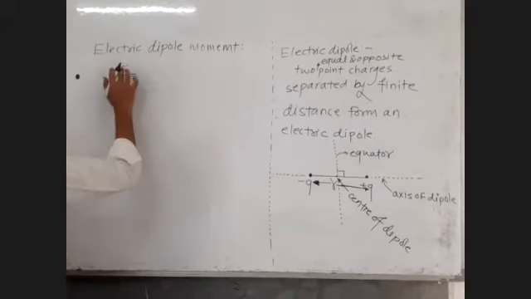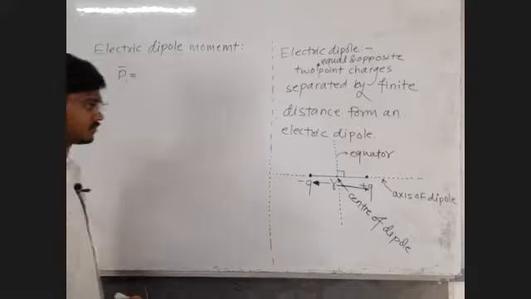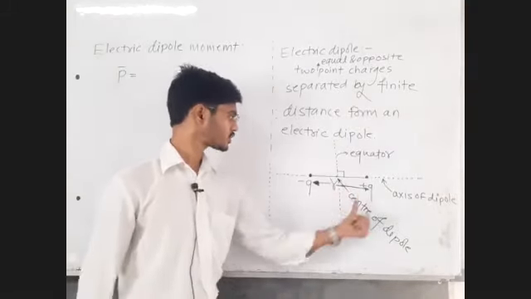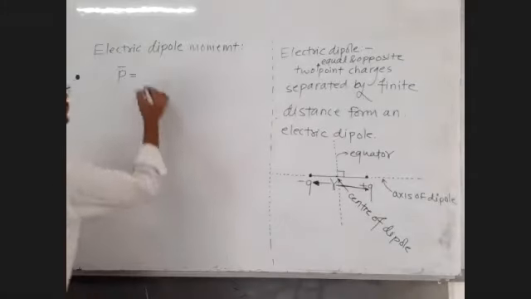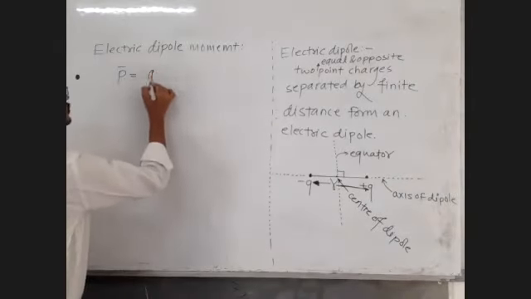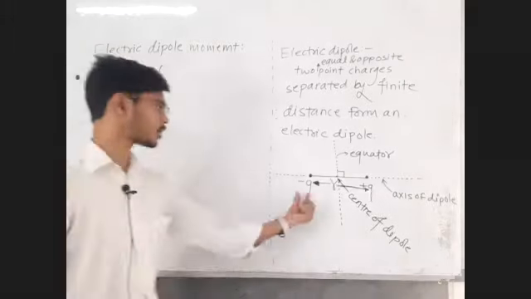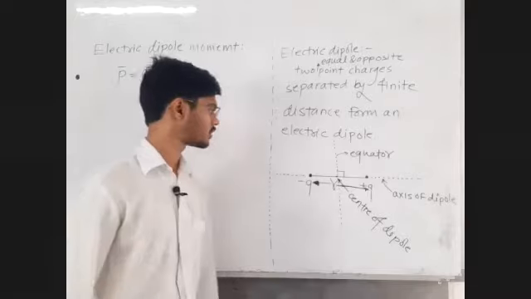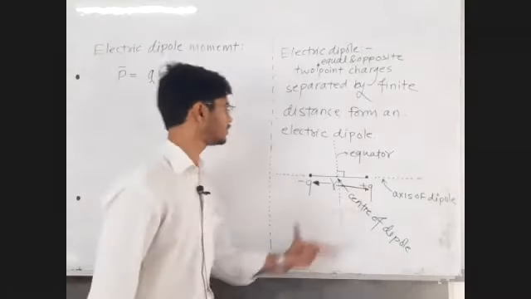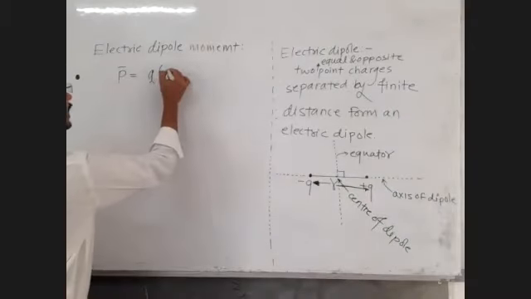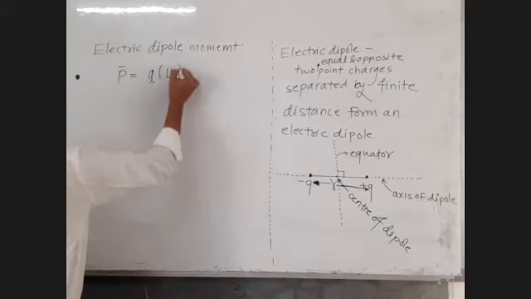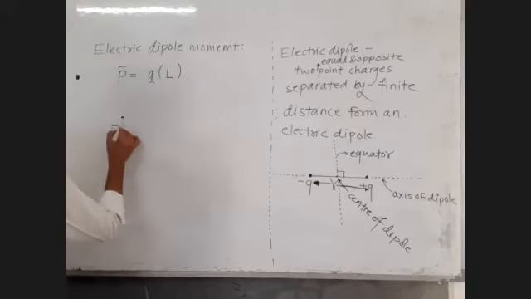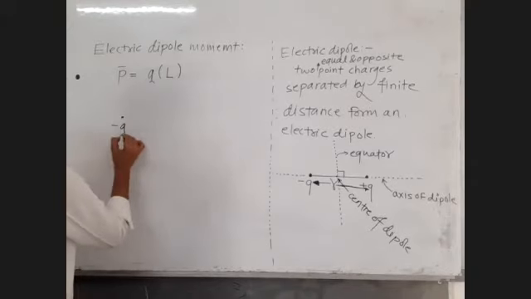It is defined as the product of one of the charges, one of the two, and the distance between the two charges. I am going to write the distance as capital L, not as R, because that's the general convention.